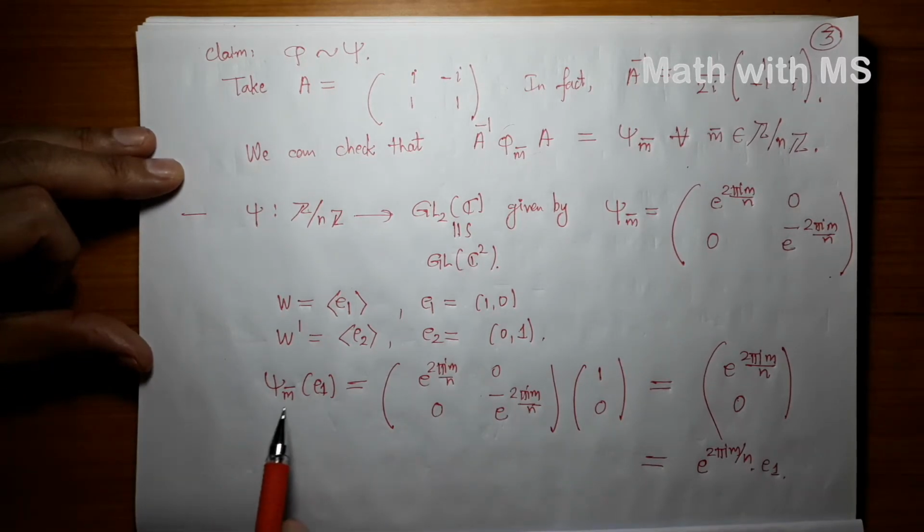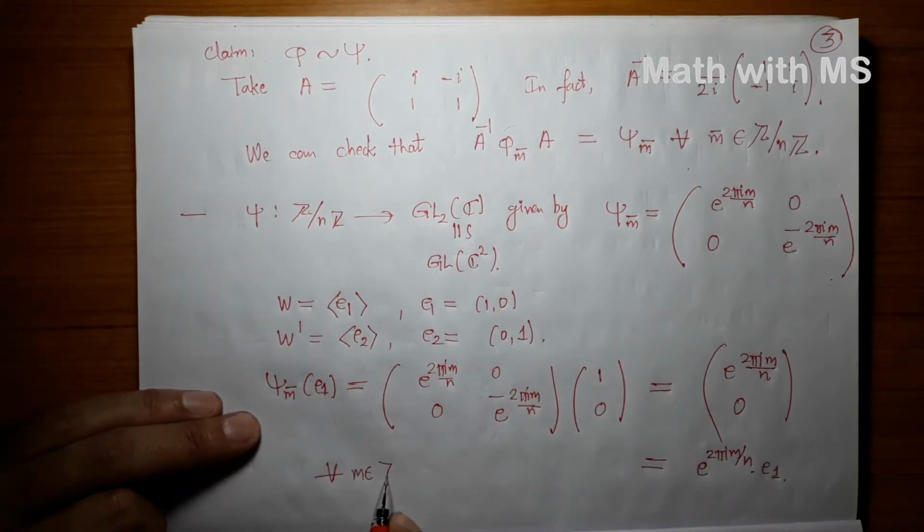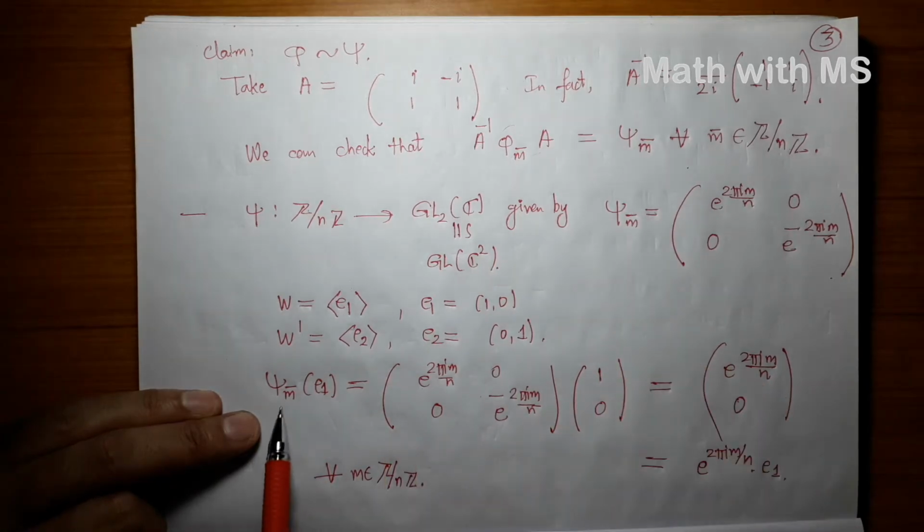This is happening for all m belonging to Z mod nZ. So for each group element, this linear transformation psi m bar maps the subspace spanned by E1 into itself, and the same happens for E2.